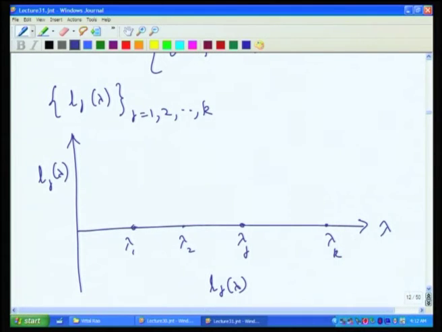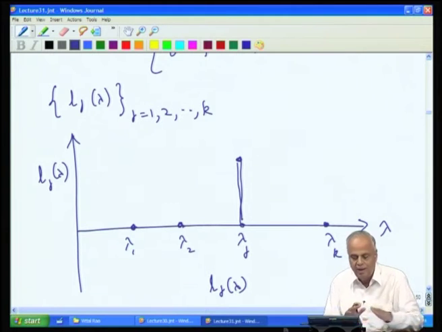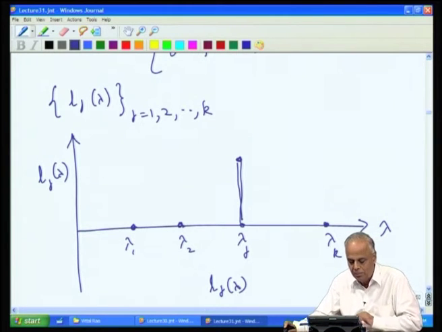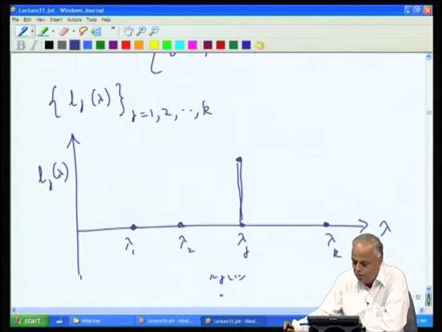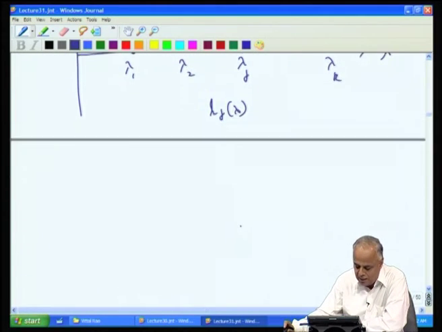Then L j lambda will take the value 0 here, 0 here, and 0 here, except at lambda j it will take the value 1. So, that is what we mean when we say that this lights up at lambda j and just dies off at all other places. It looks like lambda j is a switch for the polynomial L j lambda.